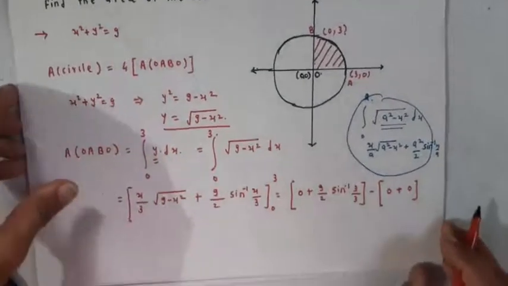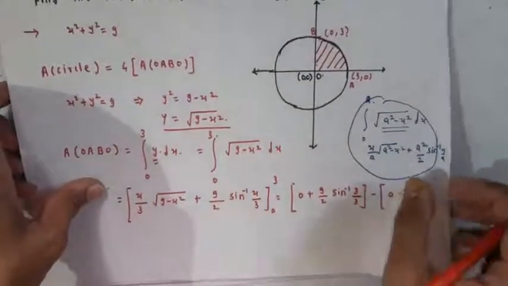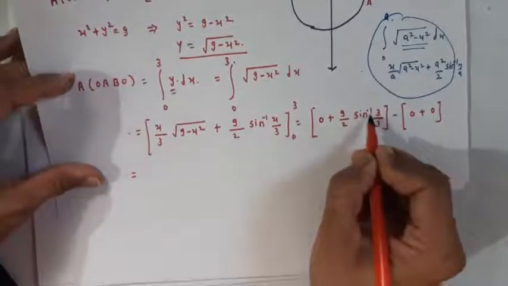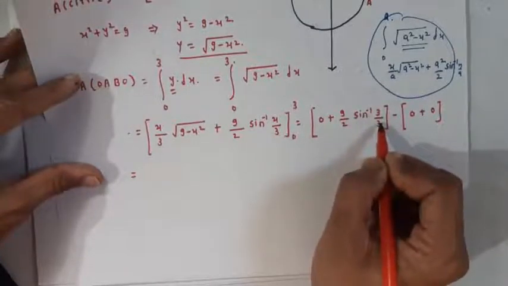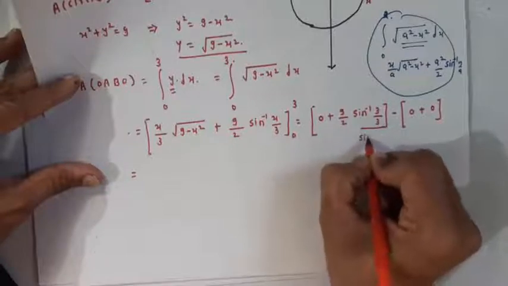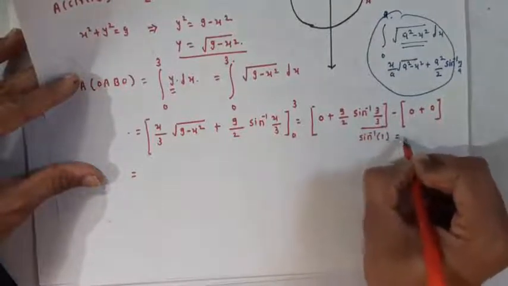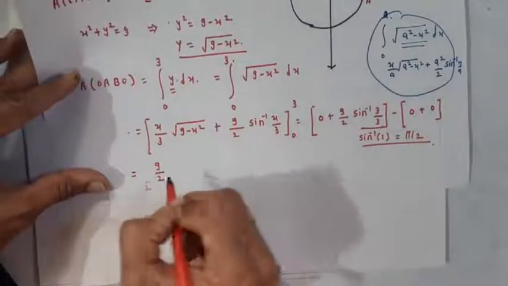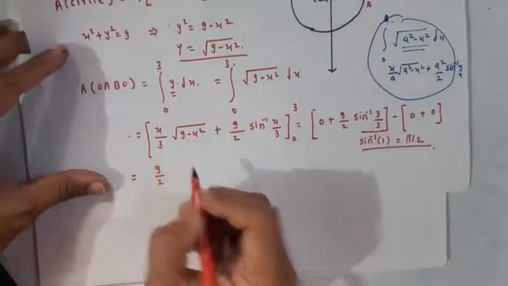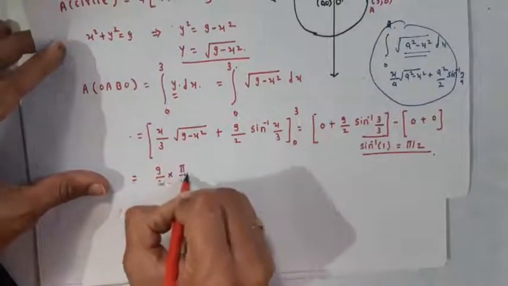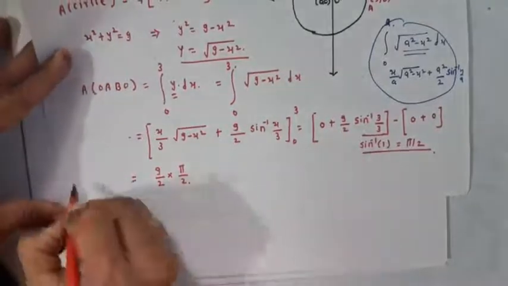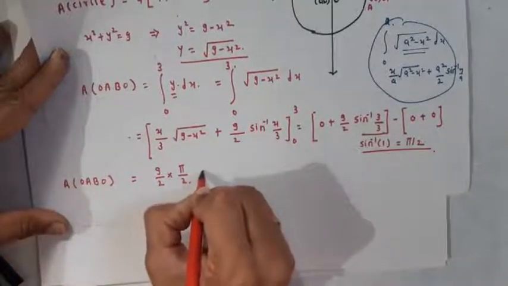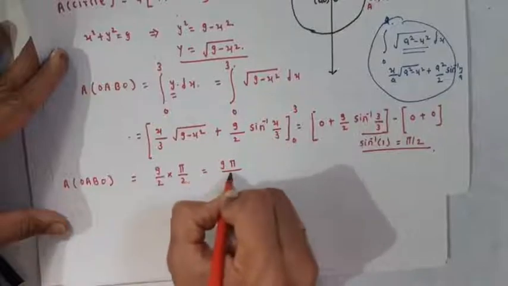Hence the area equals 9 by 2 sine inverse of 3 by 3, that is sine inverse of 1, and sine inverse of 1 is pi by 2. We know this, and hence 9 by 2 into pi by 2 means area OABO equals 9 pi upon 4.